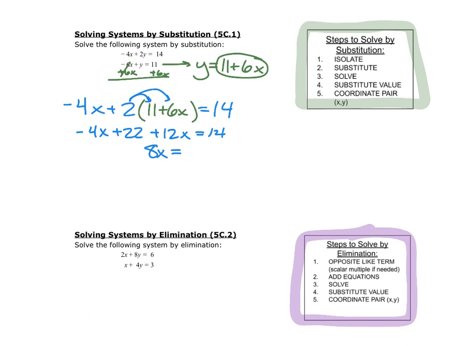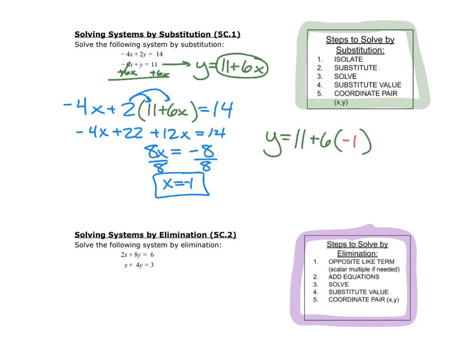Subtract 22 from both sides. That's negative 8. We divide by 8. And either using inverse operations or the box method, you'd get that the solution is negative 1. Now that's half of the answer. Remember, once we get here, we want to substitute the value back into the equation. So I'm going to use the isolated equation that I started with, but instead of 11 plus 6x, I'm going to plug in that negative 1.